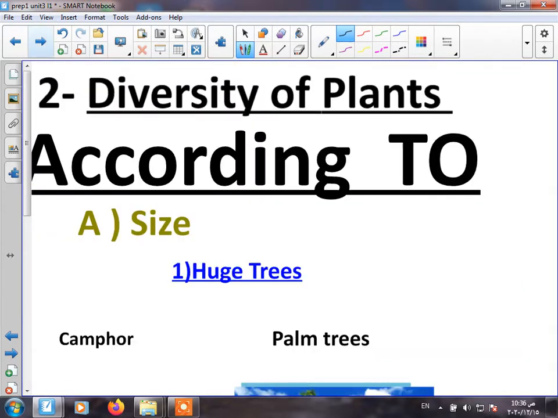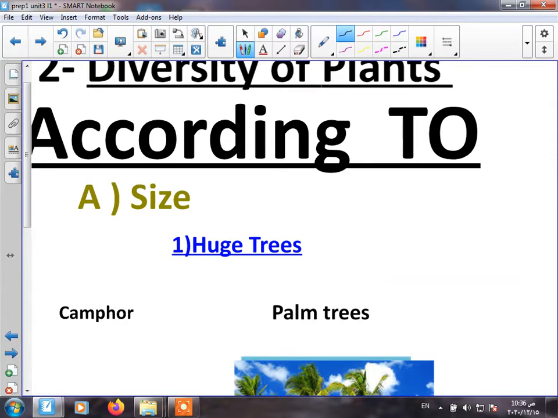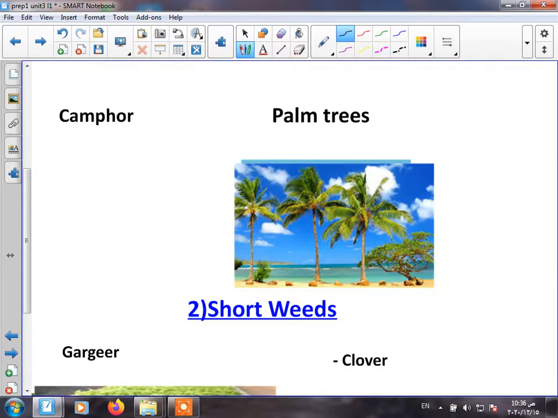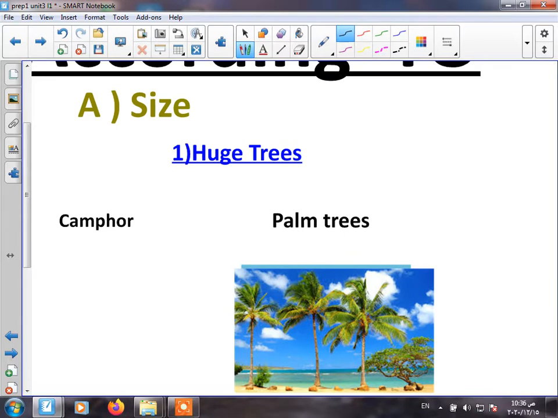Number 2, I will talk about diversity of plants according to the size of the plant and the size of its leaves. For the size of the plant, I have two divisions here. We have huge trees like camphor and palm trees.